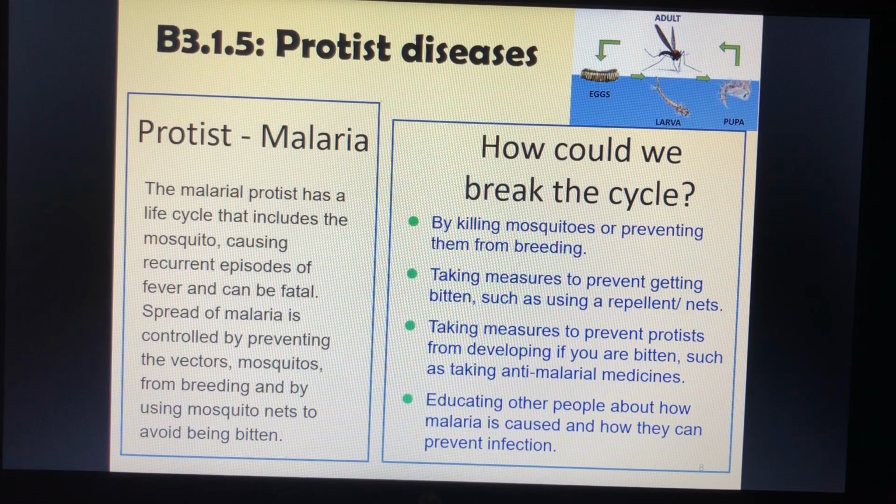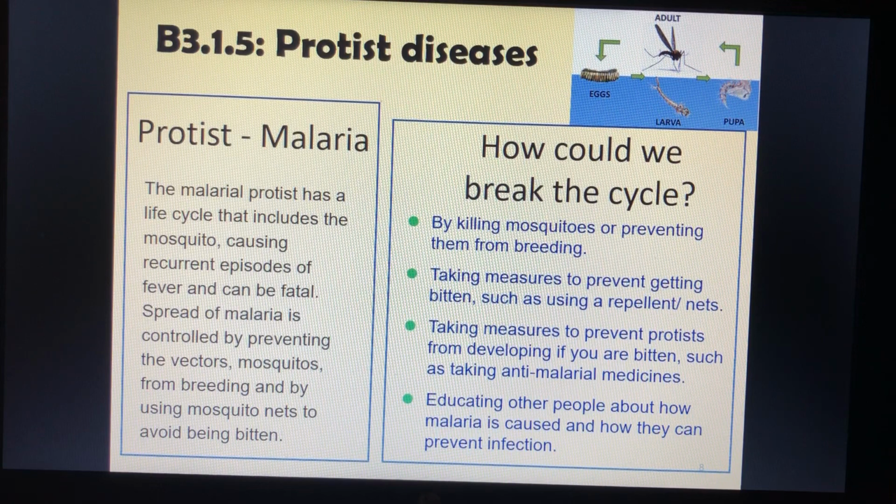So if we can get rid of those breeding grounds, the ponds and things where they like to breed, then it can reduce the number of mosquitoes. We can always use mosquito nets, insect repellent, put long clothes on in the evenings when the mosquitoes are out and about, to prevent ourselves from being bitten, and also using anti-malarial medicines.